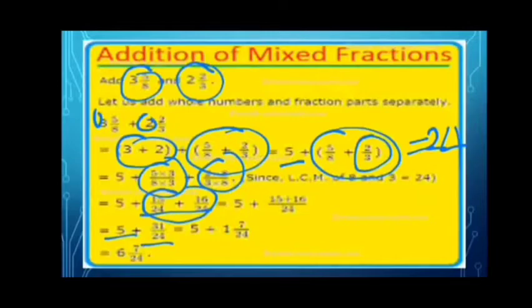As easy as that. 24 into 31 is one whole number, 7 over 24. So you add that one to the 5, you have 6 whole number, 7 over 24 as the simplest form. I guess that was simple.